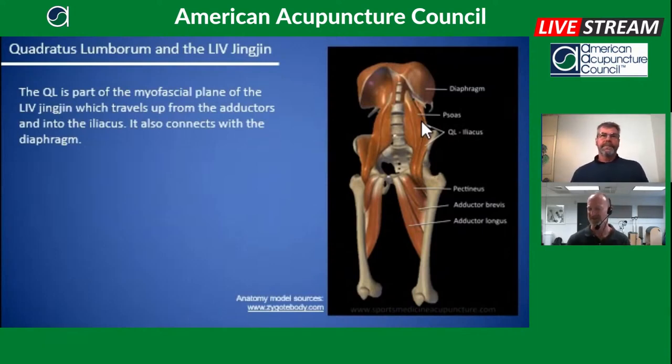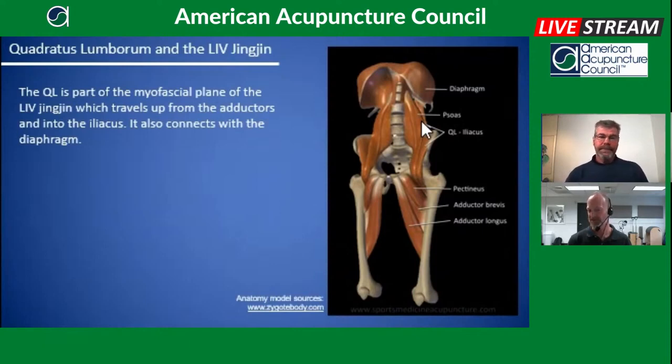But if you think about it as less of a back muscle, which it really isn't, and more of an abdominal muscle in the abdominal wall, it's much more of a yin muscle, much more of a core stabilizing deep structure. It starts to make more sense, especially when you look at that continuous fascial plane through the adductor line up into the iliacus, QL, and diaphragm.